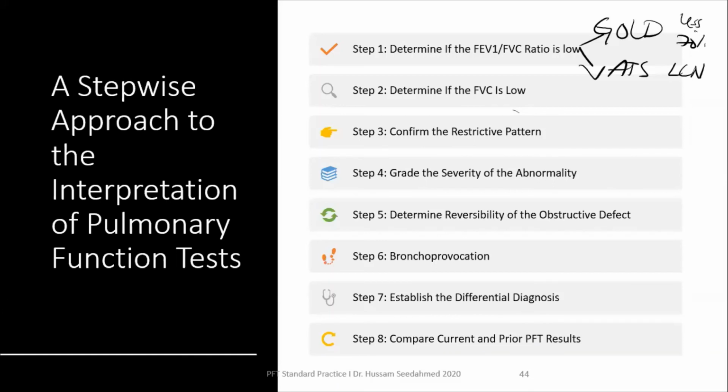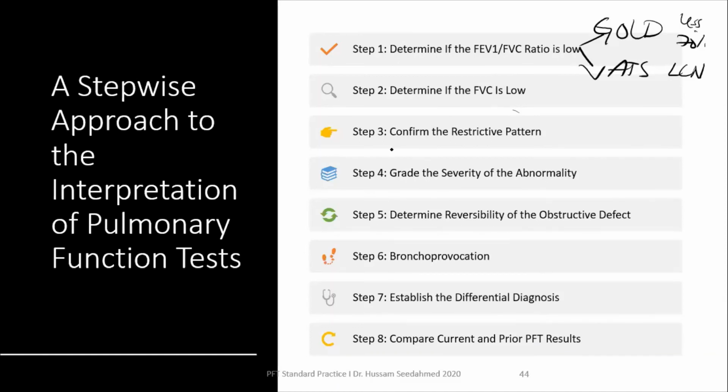We said there are 2 options, either using GOLD, with a cutoff of less than 70, or the ATS criteria, which use the lower limit of normal. Then the next step, determine if the FVC is low. After the ratio we move to the FVC.